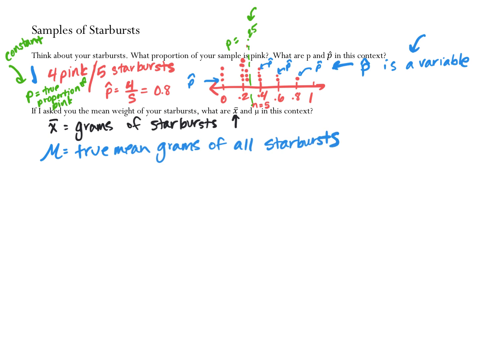Again, x-bar would be our sample mean, and each of us would take a different sample and get a different sample mean. That would be our variable, and the true mean would be our constant that we are trying to estimate.